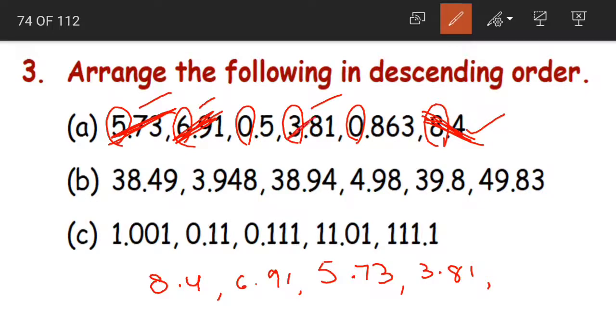And lastly, we are left with two decimal numbers who have the same whole number part, 0.5 and 0.863. Now for these two decimals, the whole number part is same. So what should we do, children?